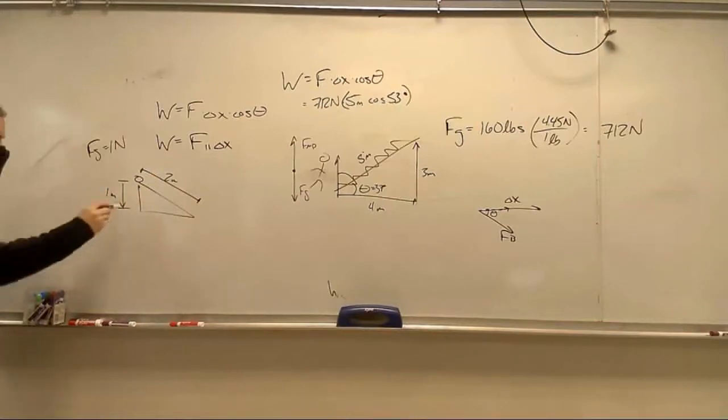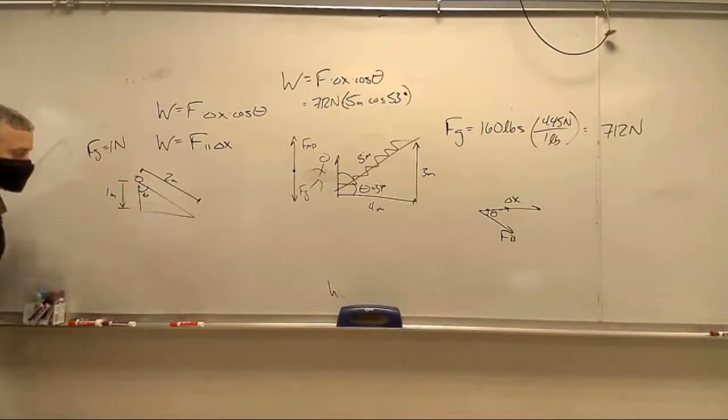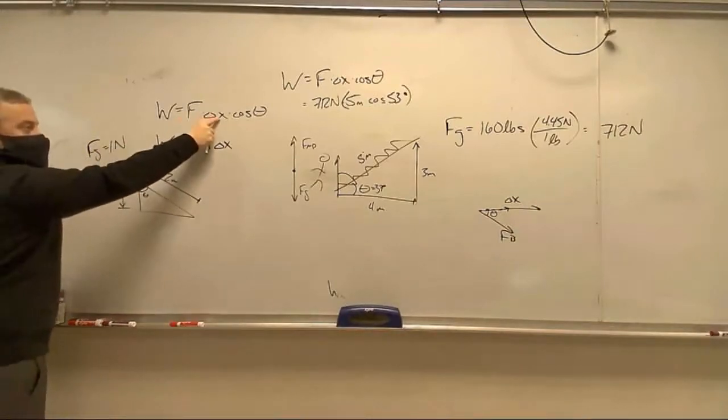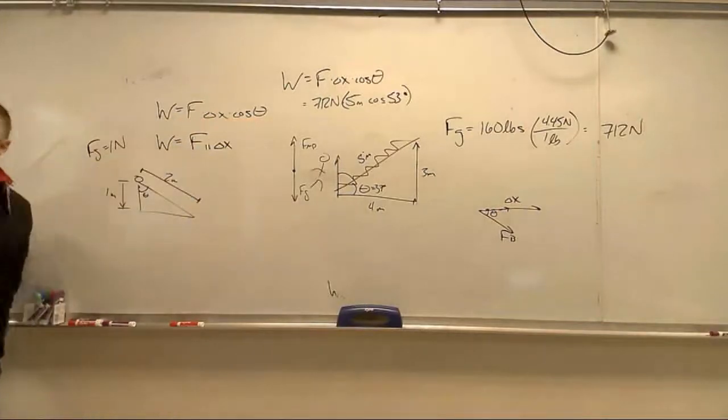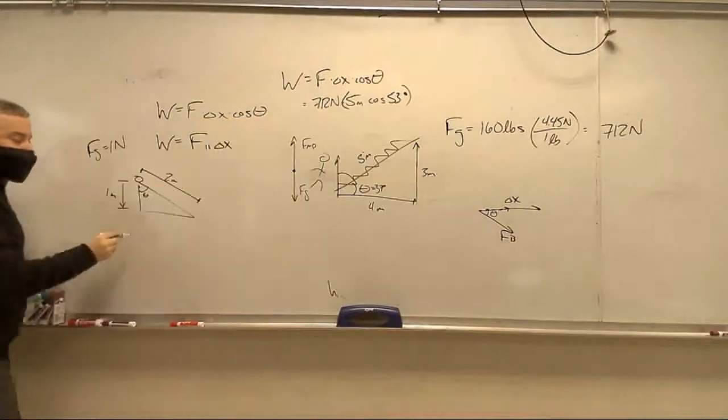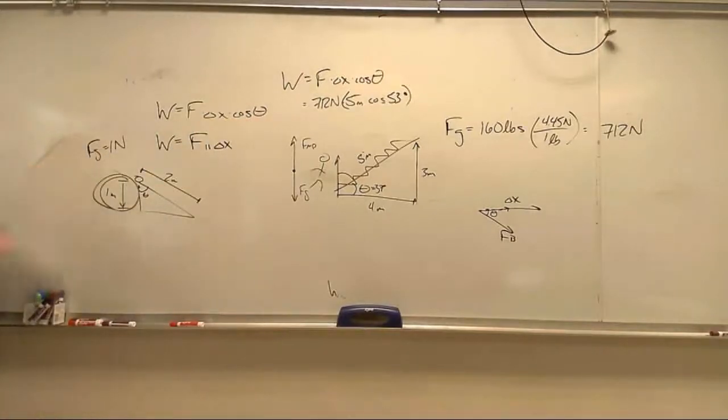I could find the angle here, and I could punch in 1 Newton times 2 meters times cosine of the angle, right? But the displacement times cosine of the angle is trying to tell me how much distance is in the same direction as the force, right?